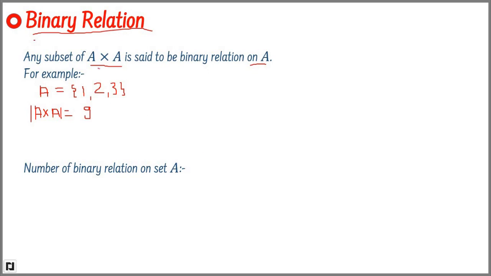So a subset of the Cartesian product of A cross A is said to be a binary relation on A.